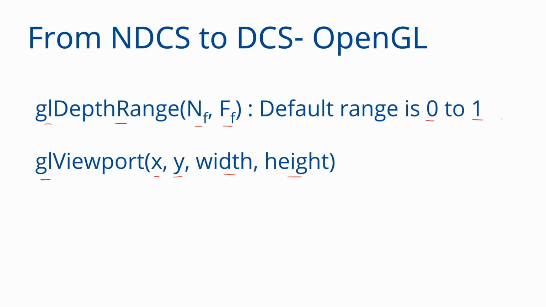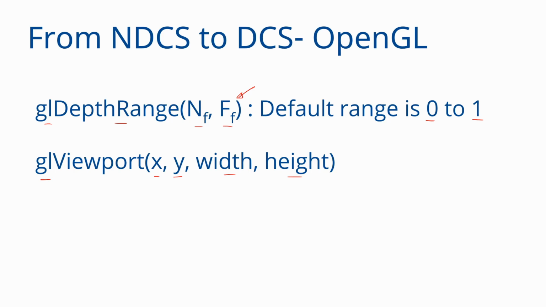This is by default. If you do not give OpenGL this command, it will still work, because it will assume that the depth range is from 0 to 1. So remember, at the end of NDCS, N and F were at -1 and +1.